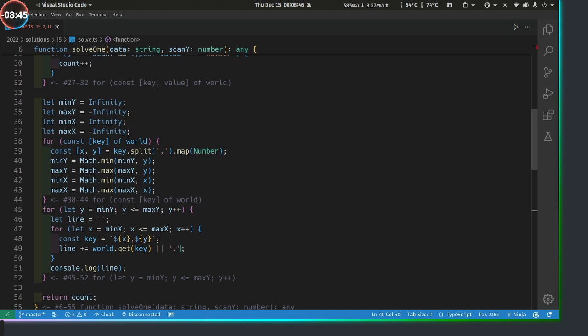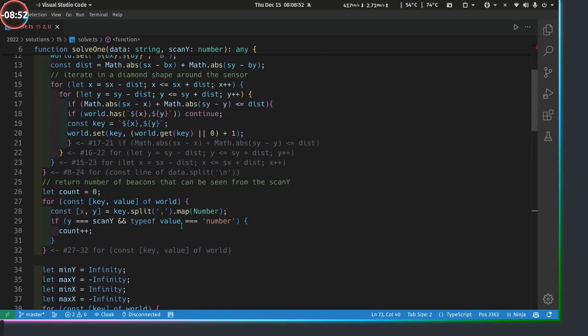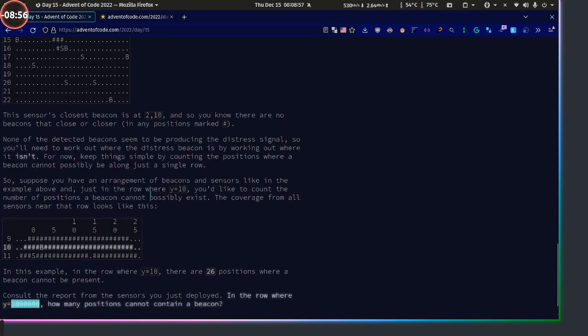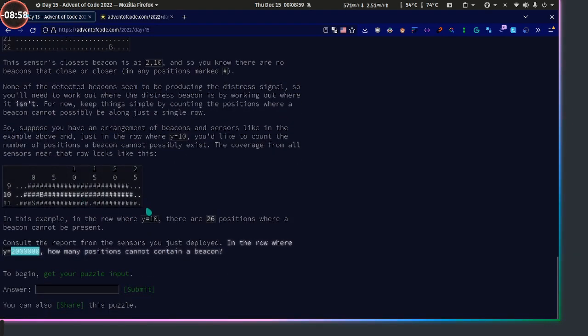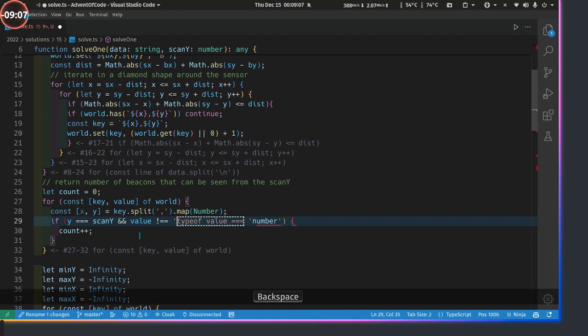We love that. World.get. Basically, if y equals scan y, what are we doing? Where a beacon cannot be present. Great. Scan y, and value not equal b.